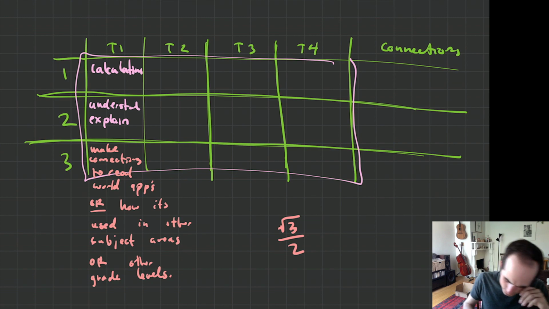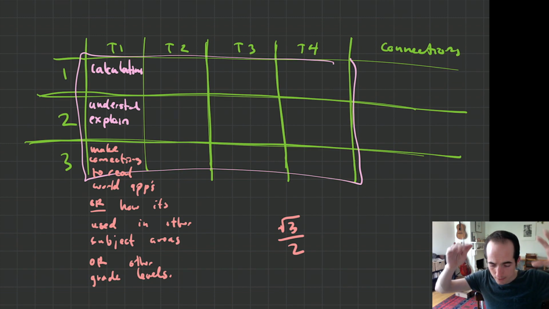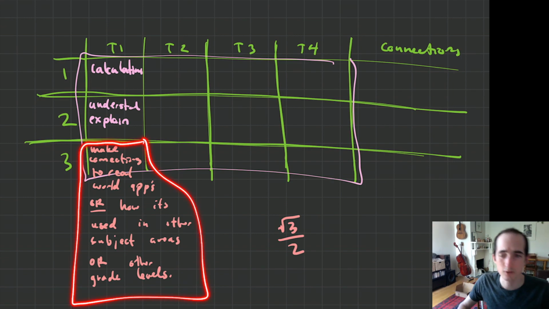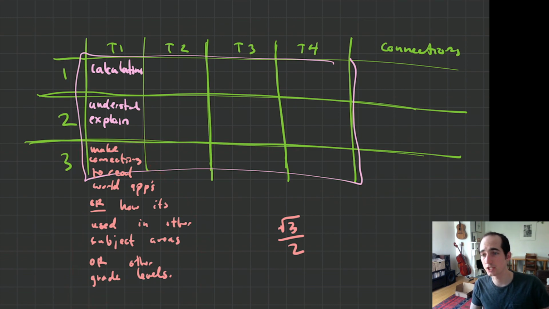So that's what it takes to get 3 out of 3: I can make calculations, I can do the first part. I can explain my understanding, I get it and I can tell you that I get it, and I can also make real world connections, or connect it to things outside of our cute little classroom, going outside the boundaries of our class.